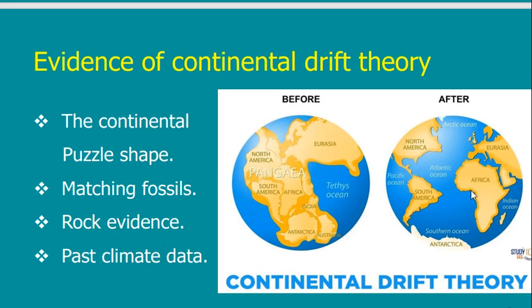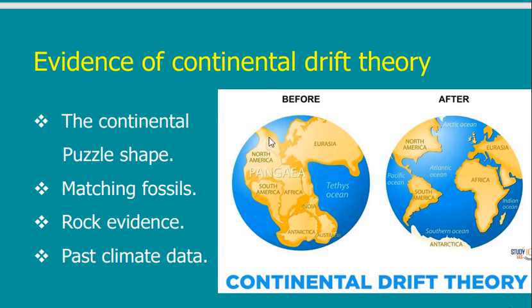This is Africa, this is South America. If you put Africa next to South America, it will fit like 2 pieces of a puzzle. If you put North America with the north of Africa and Europe, you will find that it also fits in this part, and so on.